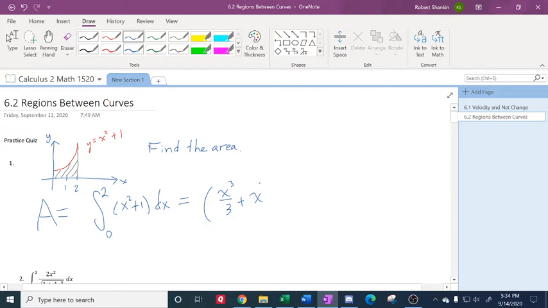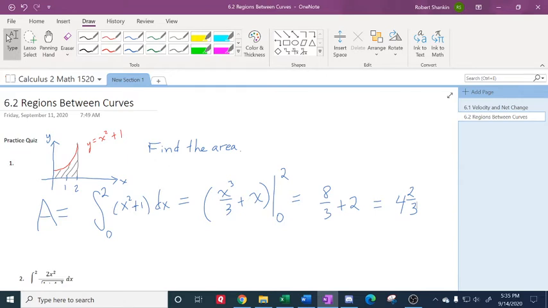We don't put the plus C because instead we evaluate it from 0 to 2. I'm going to put in zeros. Everything's going to zero out, so I'm not going to bother writing that down. Plugging in the 2's, I'm going to get 8/3 plus 2. Now this is what? 2 2/3, so it's going to be 4 2/3. Alright, so just a brief reminder of techniques for a definite integral and what it represents. It's area under a curve.